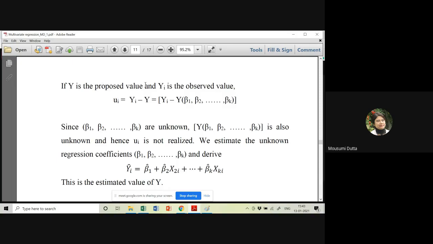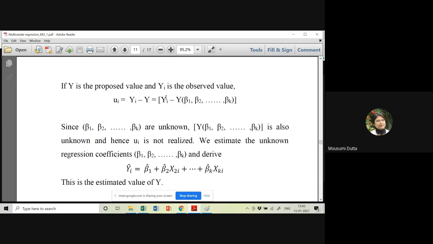So if Y is the proposed value and yi is the observed value, then ui is nothing but the difference between the observed and the exact. Y is the exact functional form, and yi is the observed value. Ui is the difference between observed and exact.